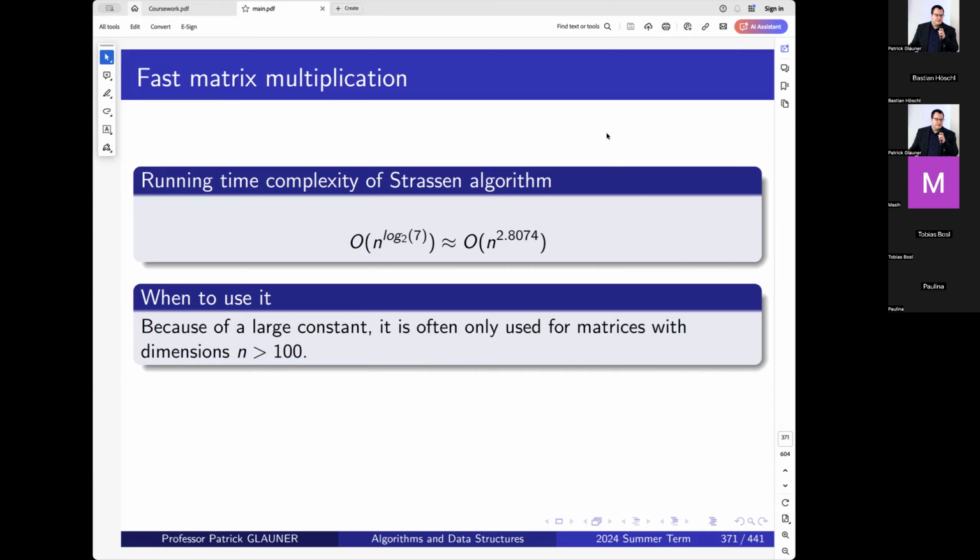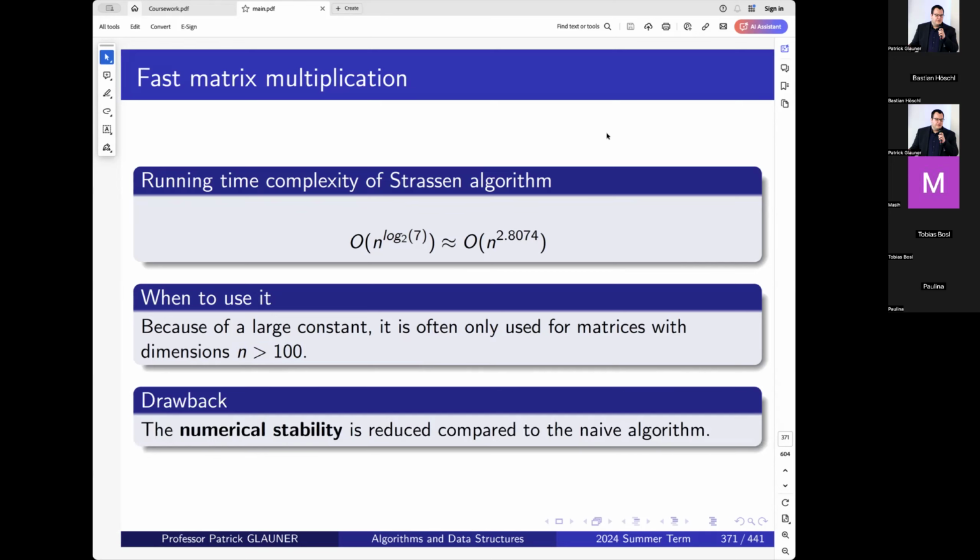But we learned this about the O complexity. It's for large n's, so asymptotically. The Strassen algorithm comes with one drawback. The numerical stability is reduced. Numerical stability comes into play if you deal with real or float values. With integers, it doesn't make a difference.